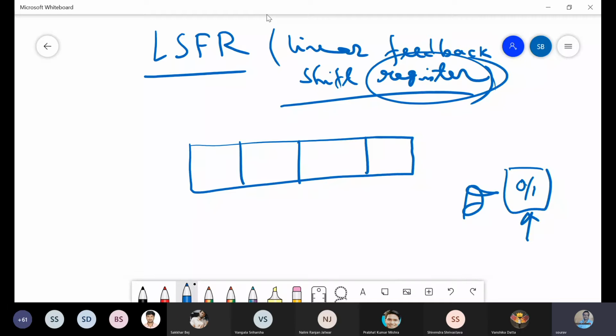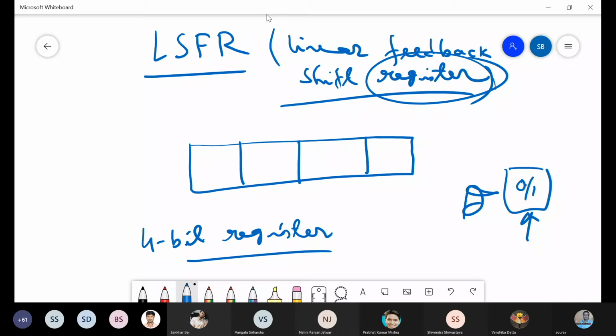If this is a 4-bit register, it means we have 4 flip-flops which are connected, and each can store a single bit, 0 or 1. At every clocking, we can have some changes in the bits.